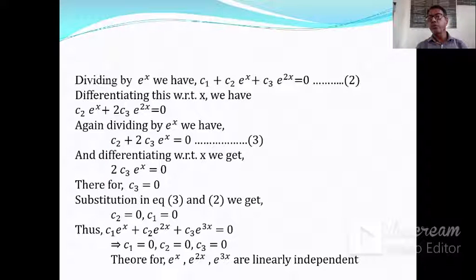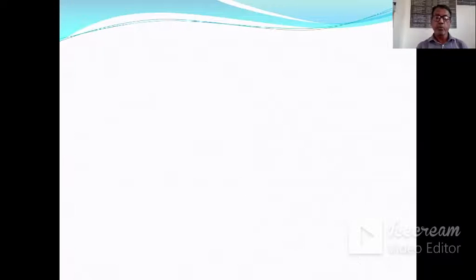We have seen two examples. In the first example, the given functions are linearly dependent. In the second example, we showed that these functions are linearly independent, and we want to use this result later on.